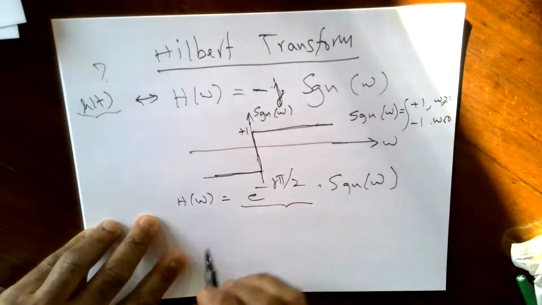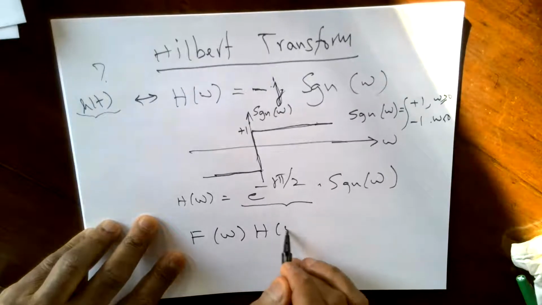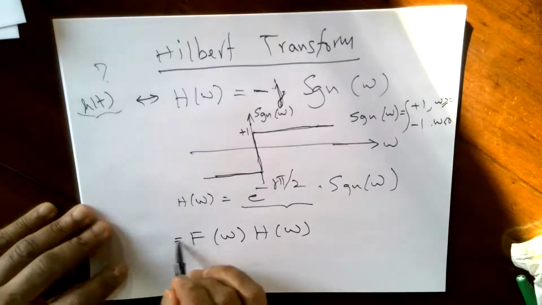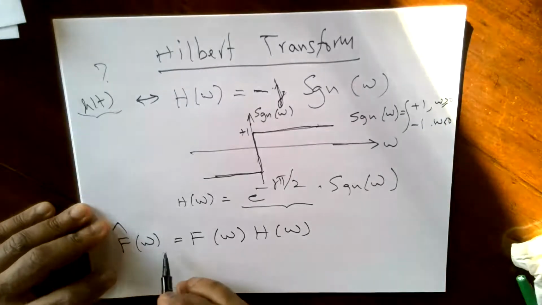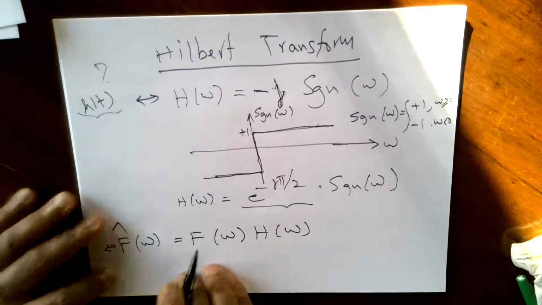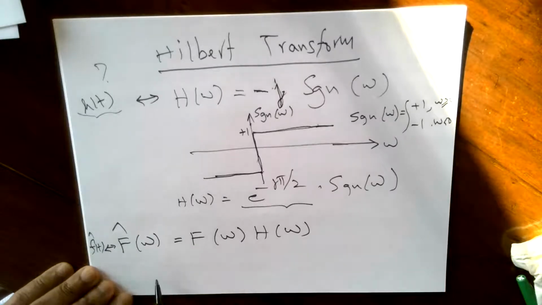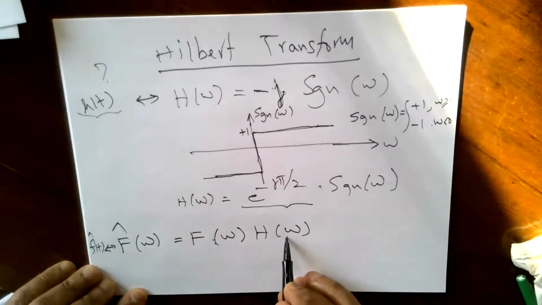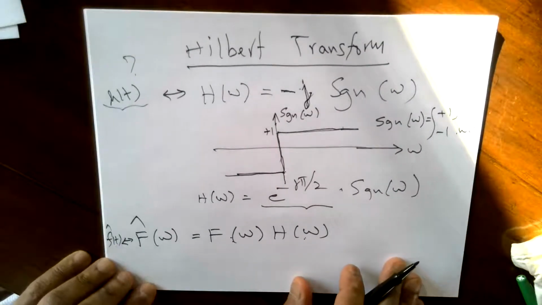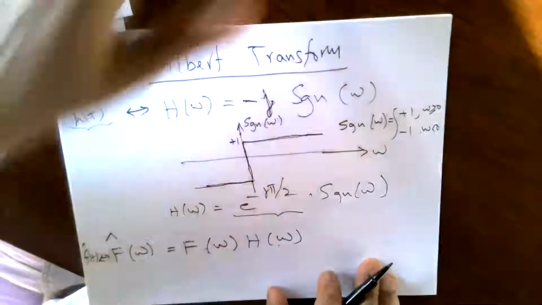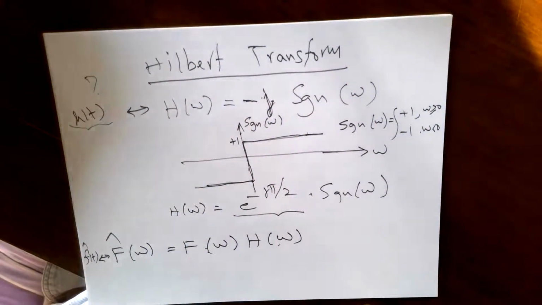To get a Hilbert transform of a signal, this is what you do. If you multiply a signal with this function, we get a new signal, which we call the Hilbert transform of f(t). The corresponding time function is f hat of t. Frequency domain multiplication, as some of you may know, translates to convolution in the time domain.